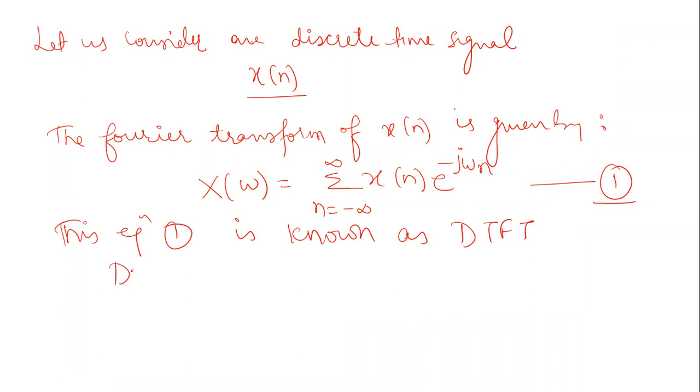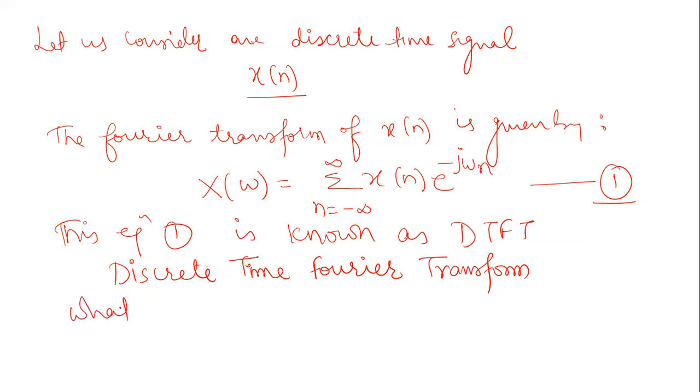DTFT is the full form of discrete time Fourier transform, right? So it is discrete time Fourier transform. Now my question is, what is wrong with equation 1?